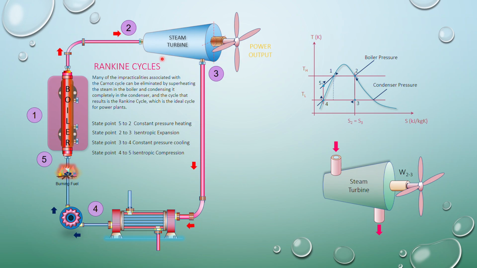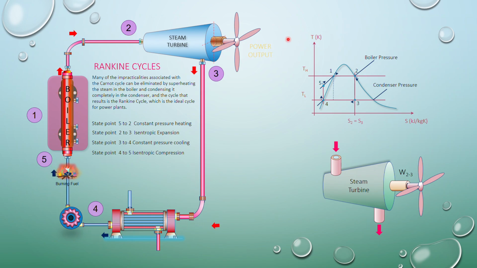For the condenser, you have isothermal and constant pressure heat rejection or cooling. Then for the pump, you have isentropic compression that builds up the pressure of the liquid up to the boiler pressure. So heat supply is the boiler, work output is the steam turbine, cooling or heat rejection is the condenser, and work input is the pump.